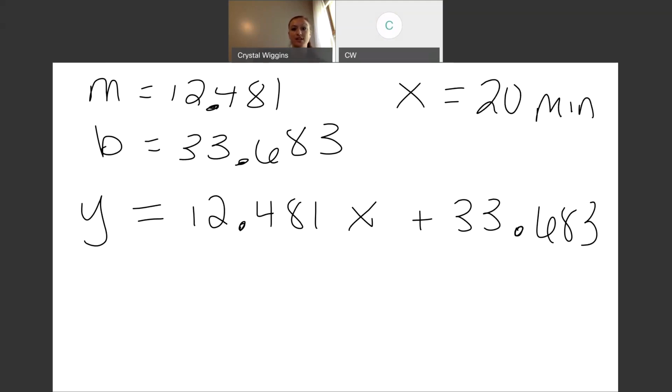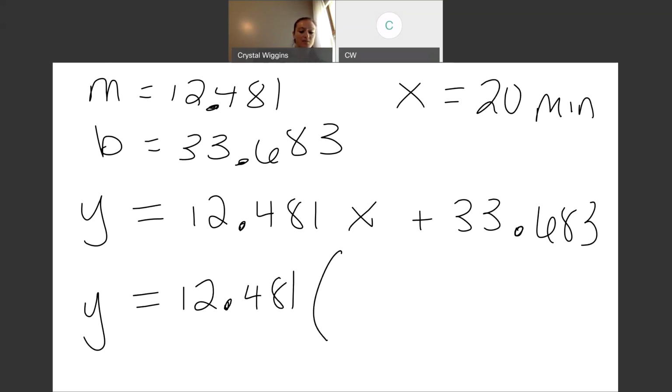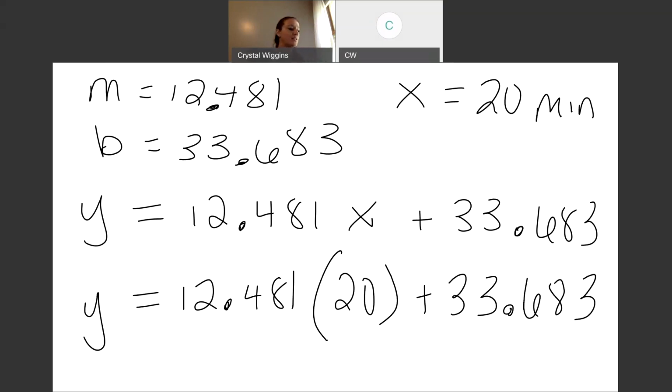The question is, when do we predict the next eruption to be? We would do y equals 12.481 times 20 plus 33.683. If we type this into our calculator or into Excel or any calculator, I'm typing in 12.481 times 20 plus 33.683.